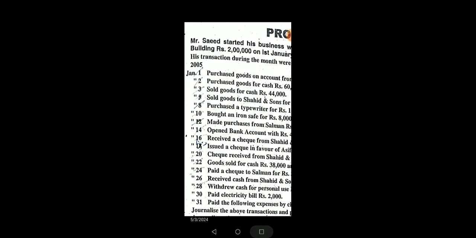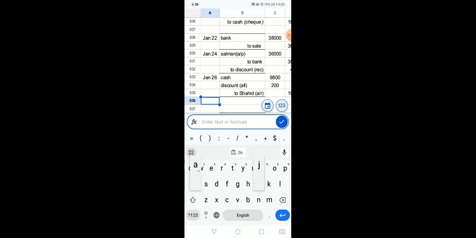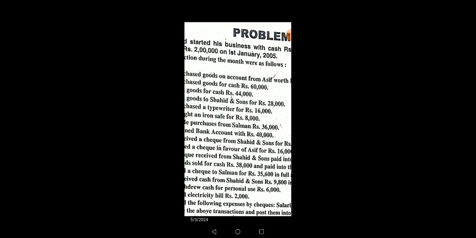The date is 28, so you will put January 28 in the date column. Let's see what January 28 is saying. Withdraw cash from business for personal use. We will understand indirectly that the personal use is for the proprietor, and cash is drawn from the business for personal use.